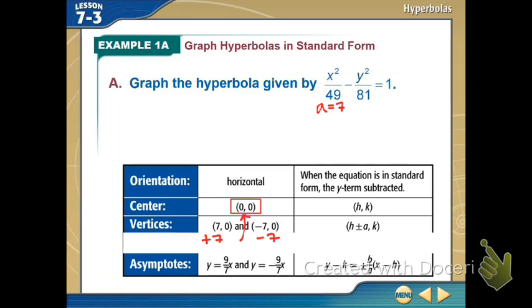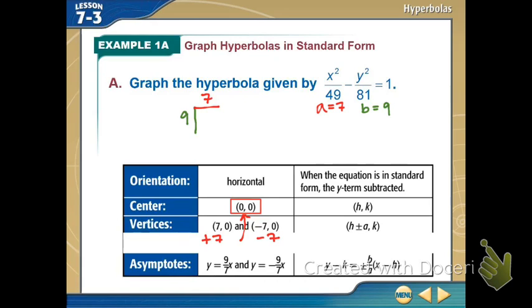And because b is 9, that means that when I form my box, I will be going up 9 spaces and over 7 spaces to find my asymptotes.